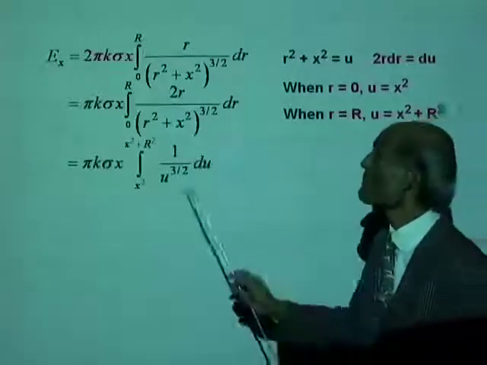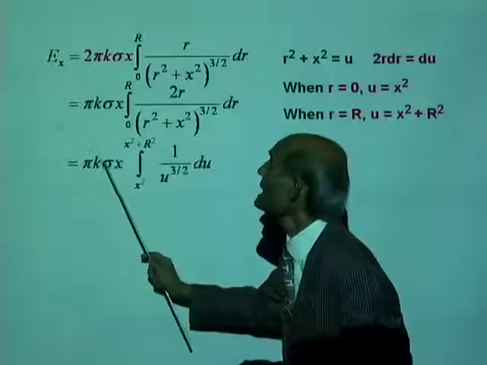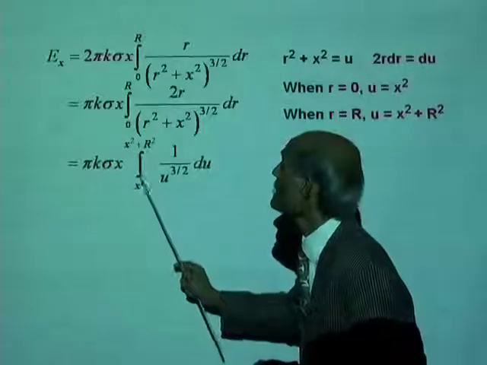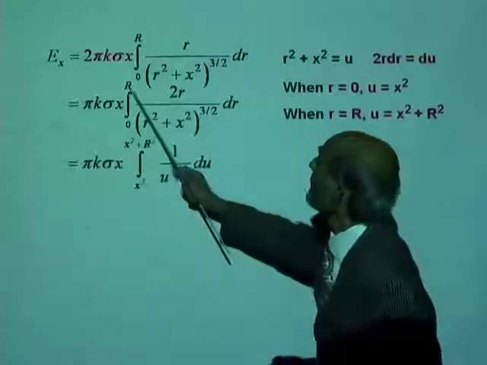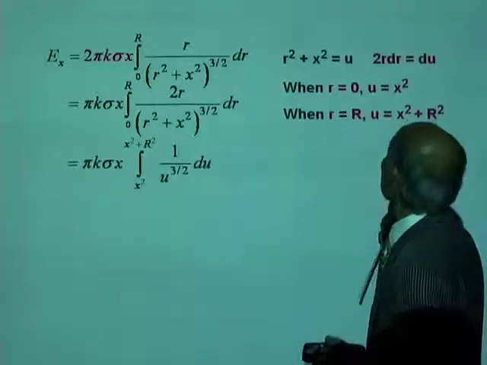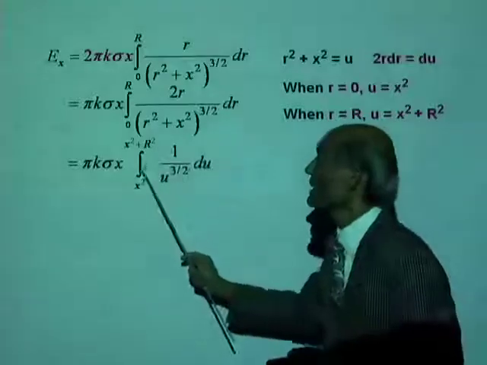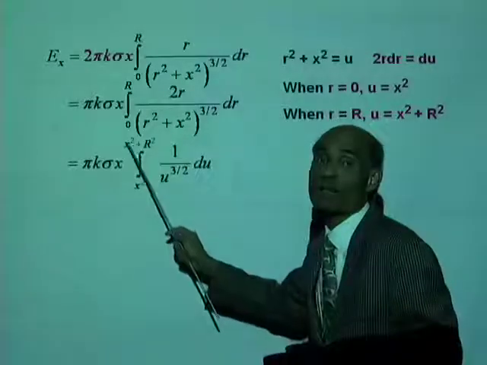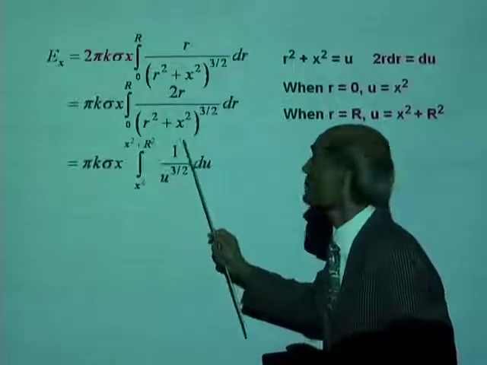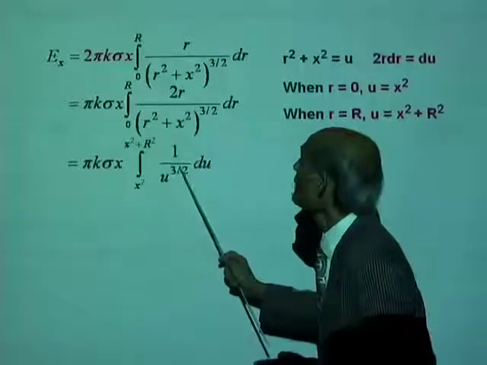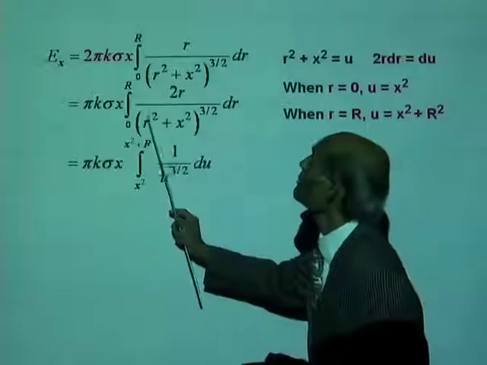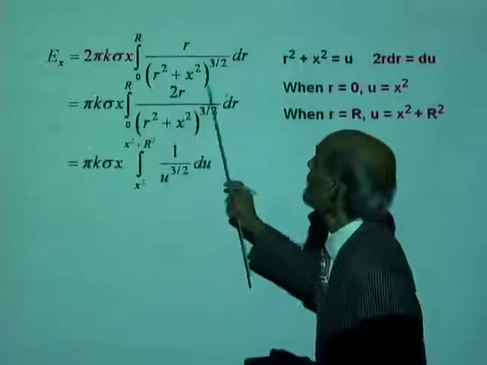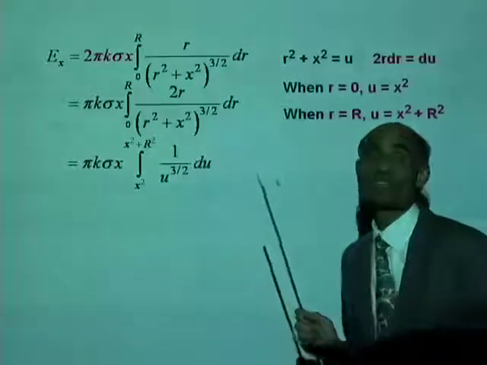What does the integral now become? It will be pi k sigma x, integral from x squared to x squared plus R squared of 1 over u to the power of 3 over 2 du. See, this is our u, and 2r dr is the du.